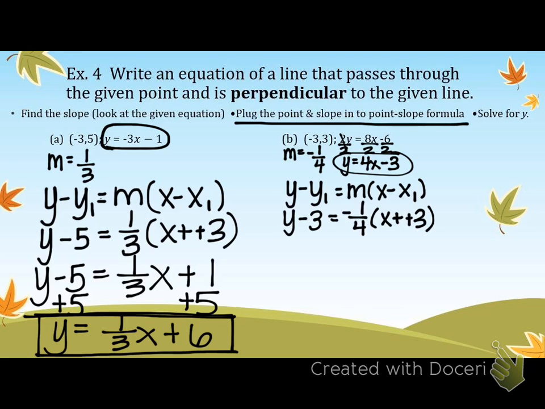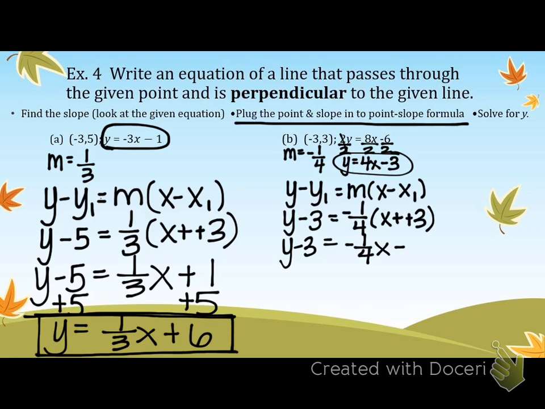All right, Michael, what did you guys do next? I've got to solve for y, so what did you do next? Is that what you did first? What should you have done first? Distribute. Good. So y minus 3 equals negative 1/4 times x is negative 1/4 x.